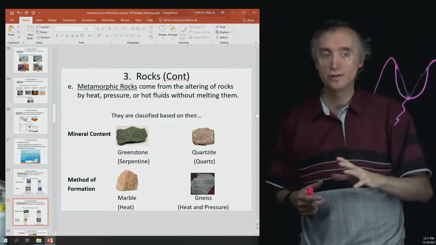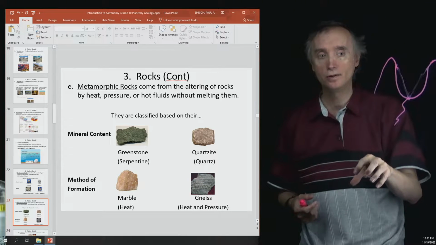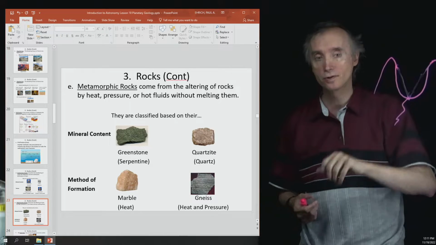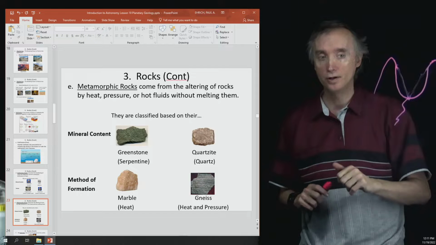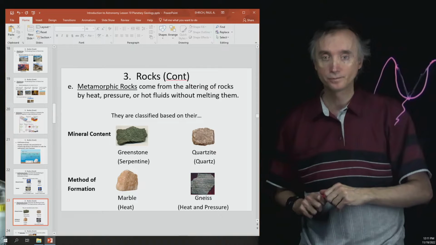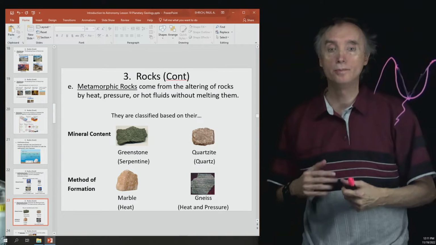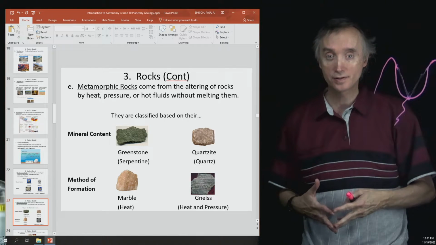So we just want to either squeeze it or heat it or put hot liquids through it enough to alter the minerals that were in the original rock. And so we can classify them by what minerals are inside the rock.